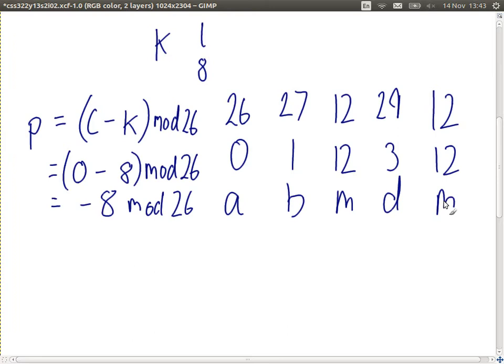Okay. So there are different ways to perform a mod. And the mod in our case implements this wraparound. It becomes 26 minus 8 in this case, which is 18.